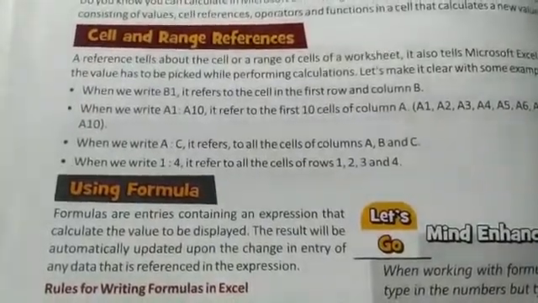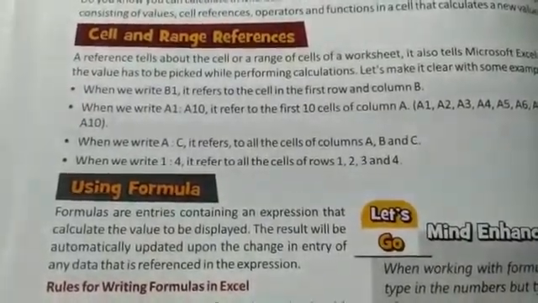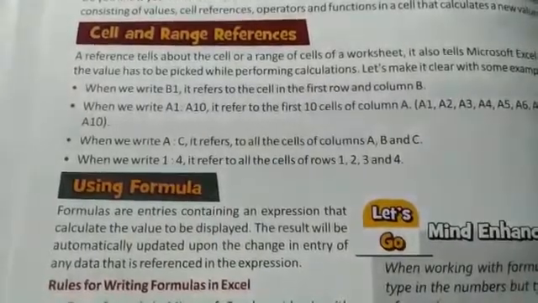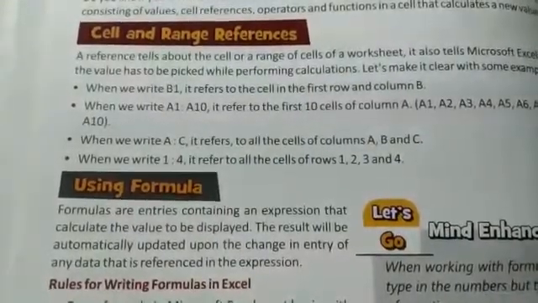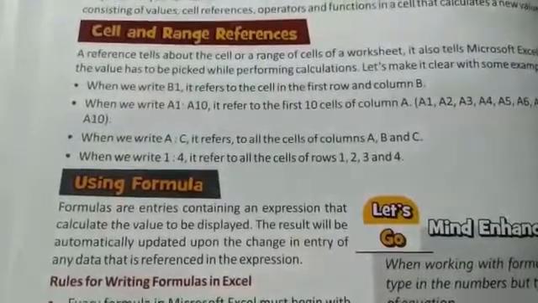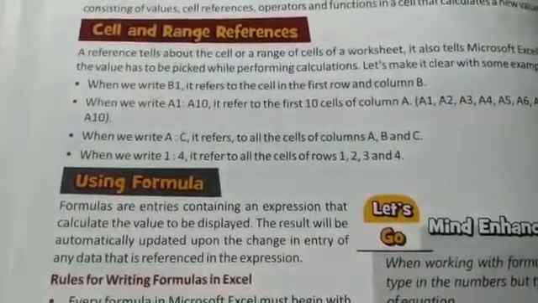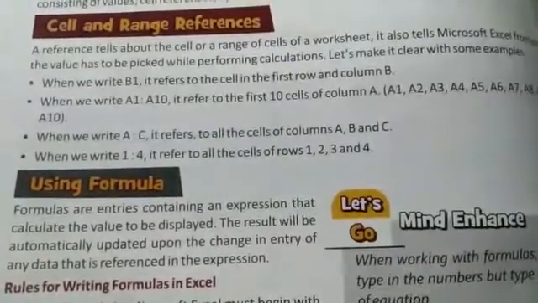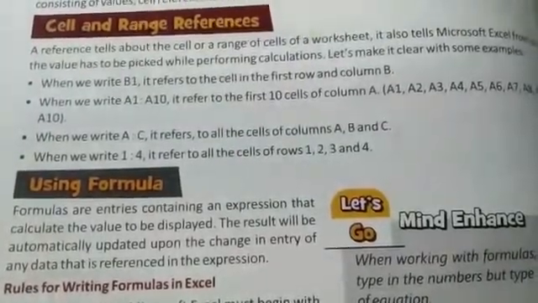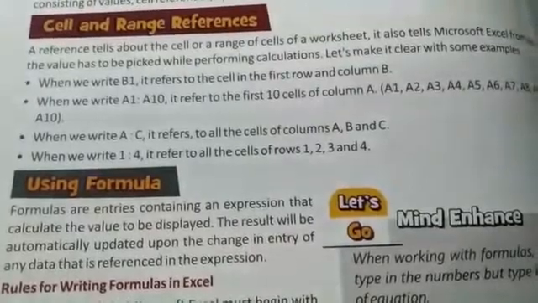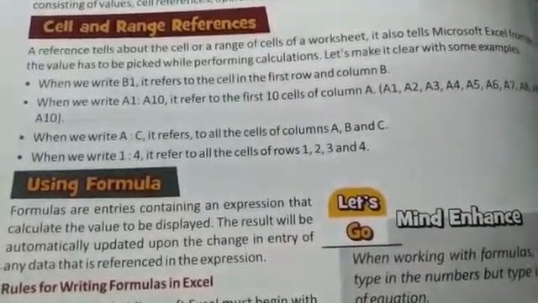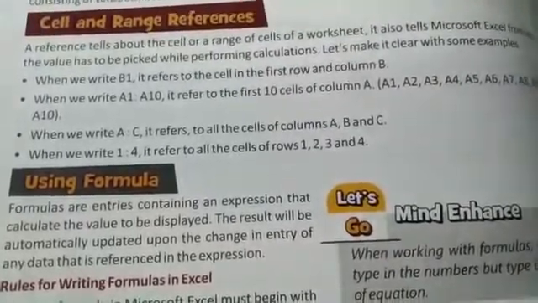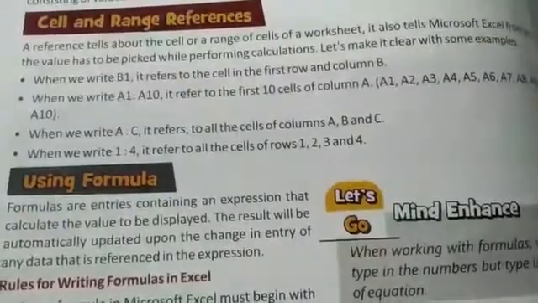A reference tells a Microsoft Excel formula and other Microsoft Excel features where to obtain a value or group of values. Here you can see B1, it refers to the cell in the first row and column B. You can say a cell is a combination of both row and column.